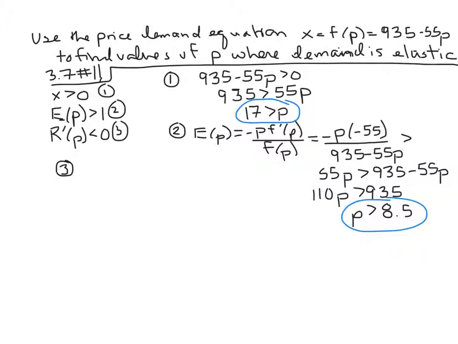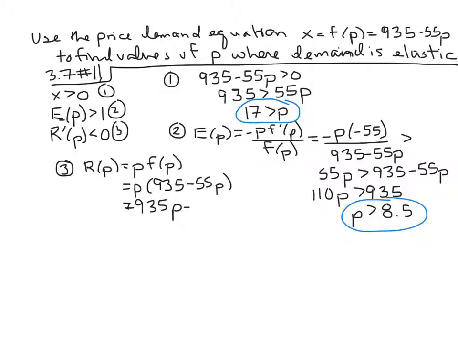Now, the Show Me My Example goes through a complicated equation. I don't use that one. The formula sheet has that the revenue equation is P times F of P, and if you use this one, this is P times 935 minus 55p, and I'm going to multiply through by P, 935p minus 55p squared.